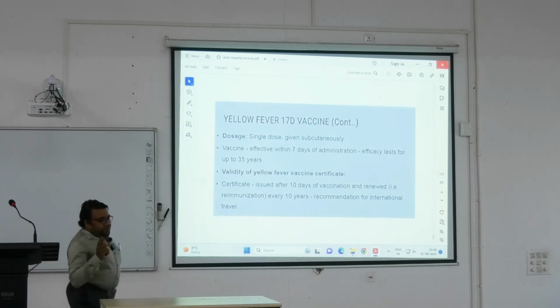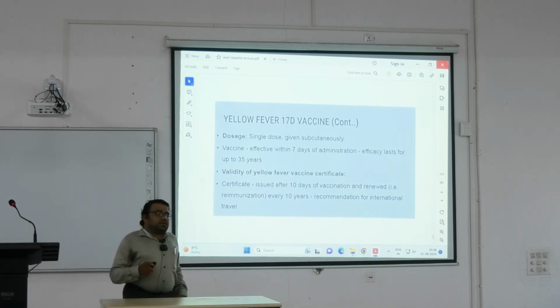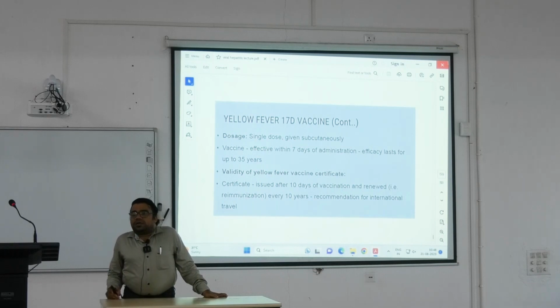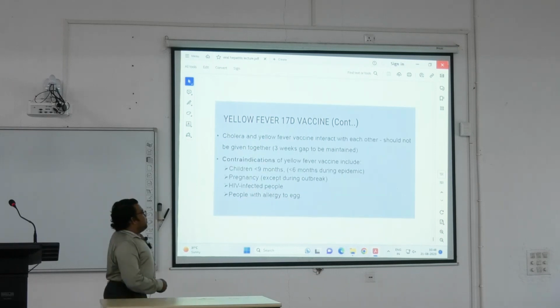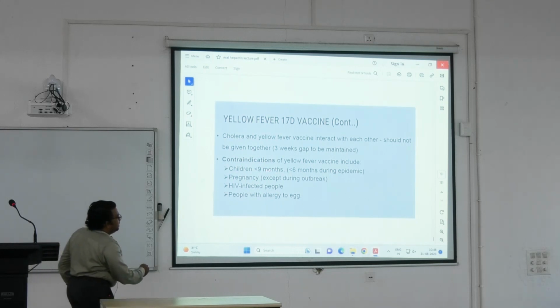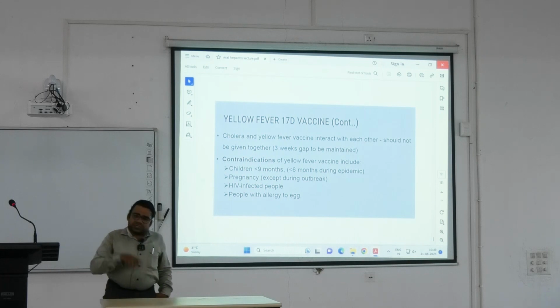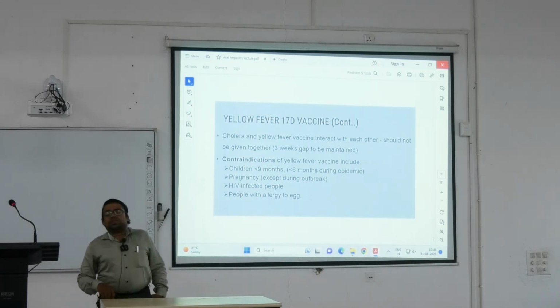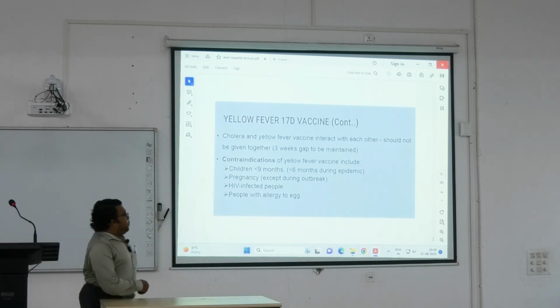Because the validity of the certificate is for 10 years, you have to get vaccinated after every 10 years. Contraindications of the vaccine include children less than 9 months, pregnancy, HIV infected people because it is a live vaccine, and people with allergy to egg or egg protein.